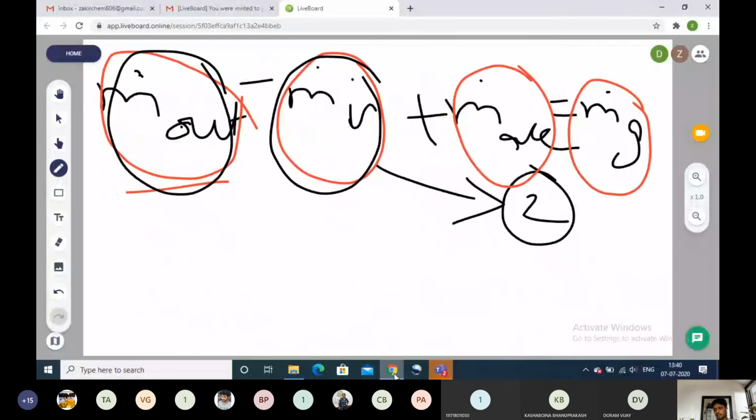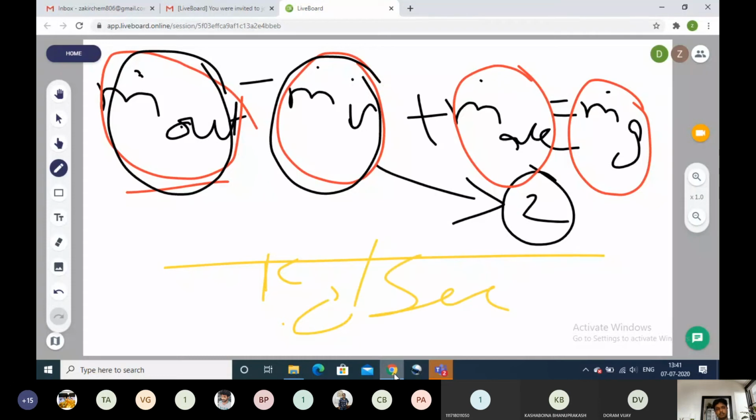In symbolic form, we define these rates with m dot, which is a mass rate with units of kg per second or gram per second. So m dot out minus m dot in plus m dot accumulation is equal to m dot generation. We have written that equation and given it equation number 2.